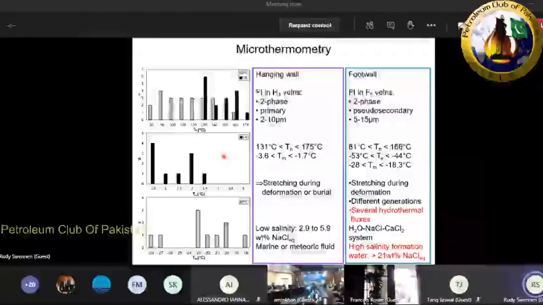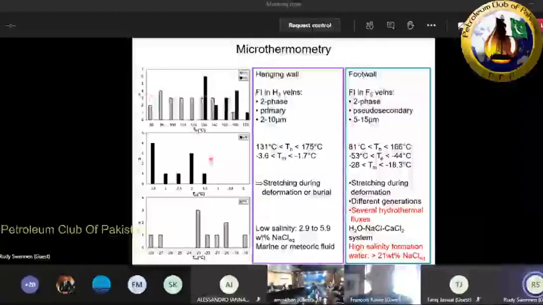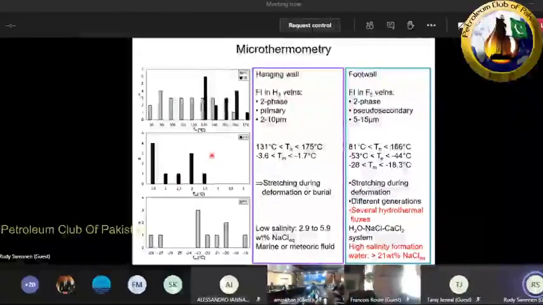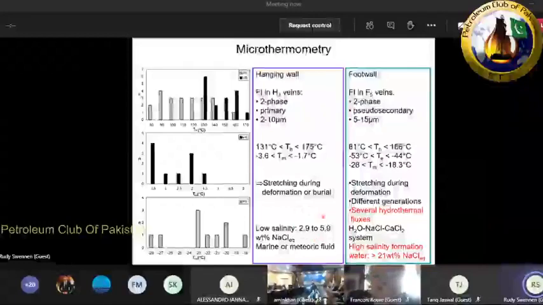Also here you can see the hanging wall, indicated by H3, has higher homogenization temperatures than the footwall system, and also the melting temperatures are different, giving different salinities, as you can see here for the hanging wall, below 6 weight % sodium chloride, and if we look at the footwall, it's clearly highly saline.